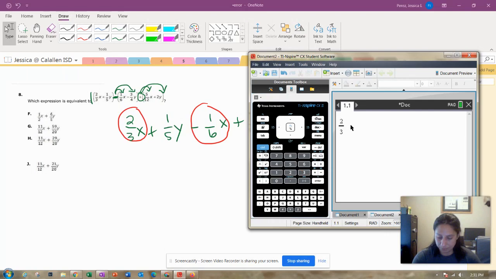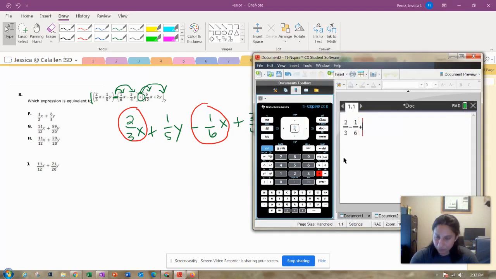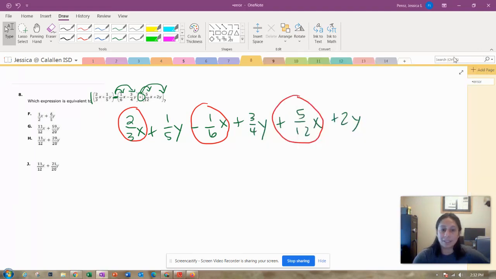So in there, we can type 2/3, then move over, minus 1/6, so Control Divide again to get another fraction, and then plus 5/12. So plus Control Divide one last time, 5/12. So that's 11/12 x's. I'm going to go back over here, and I just figured out that it's 11/12x.